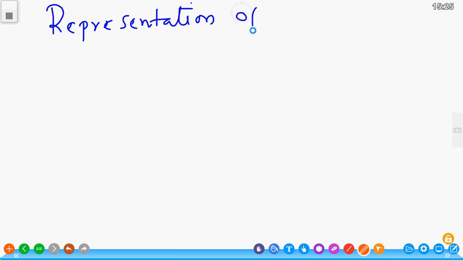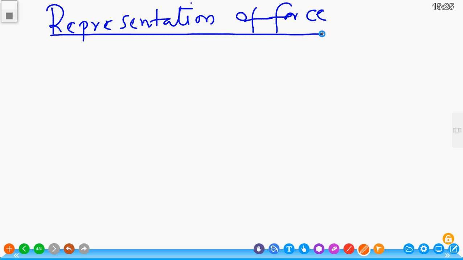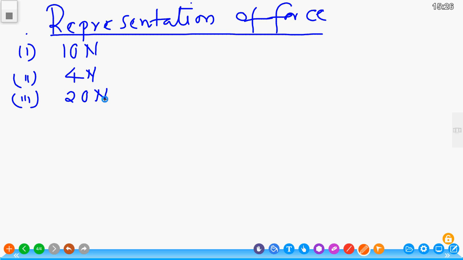Then, how do we represent force? If you had a 10 Newton force, a 4 Newton force, and a 20 Newton force, in representing this force, how will you tell the difference between the 10 Newton force, 4 Newton force, and 20 Newton force?